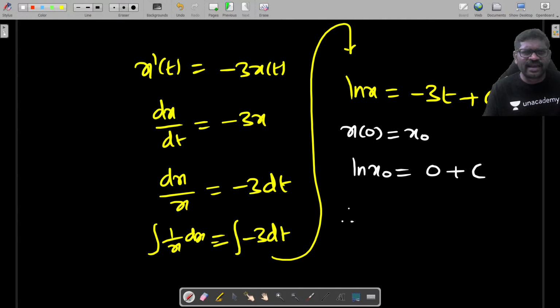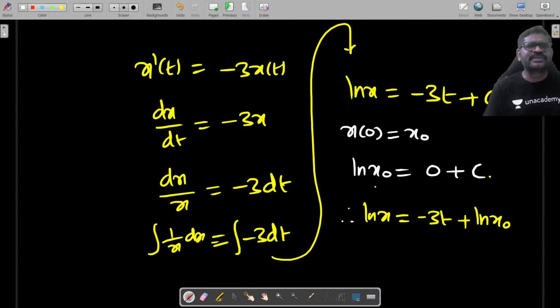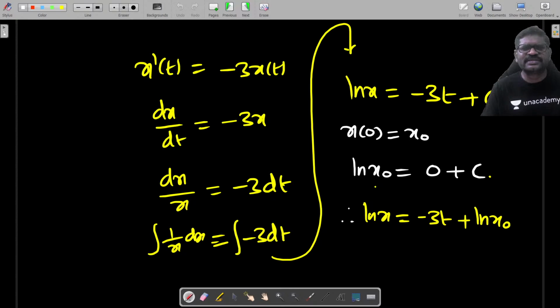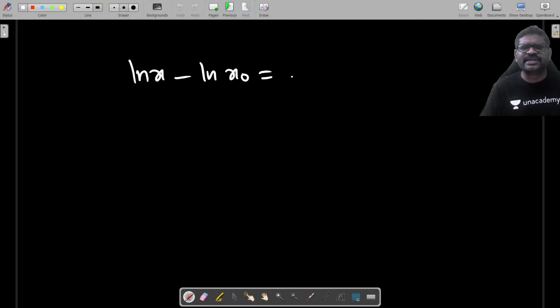Therefore log x equal to minus 3t plus log x naught, since the value of c is log x naught. Log x minus log x naught equal to minus 3t.